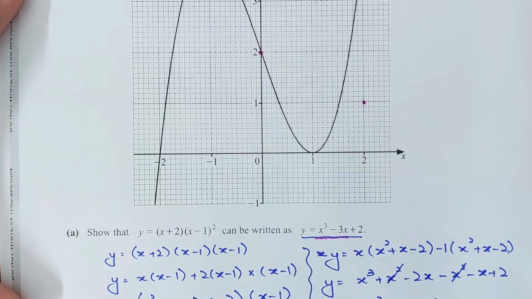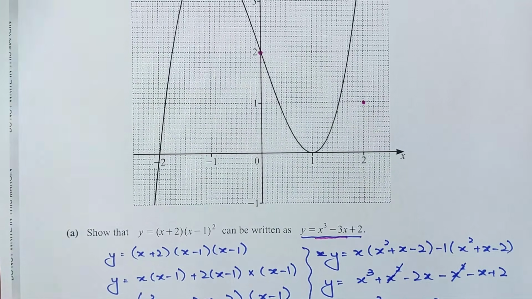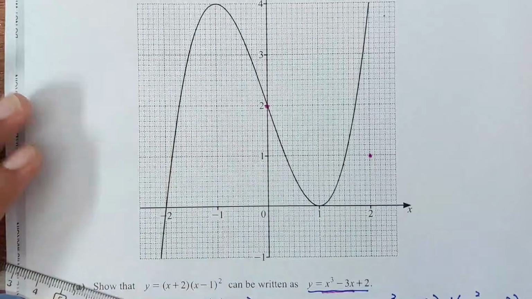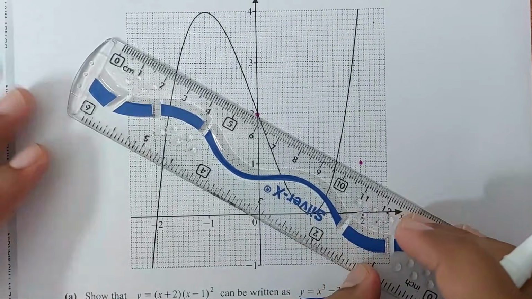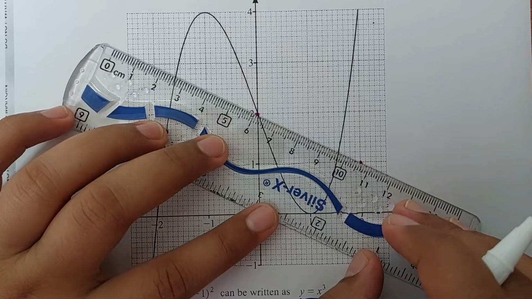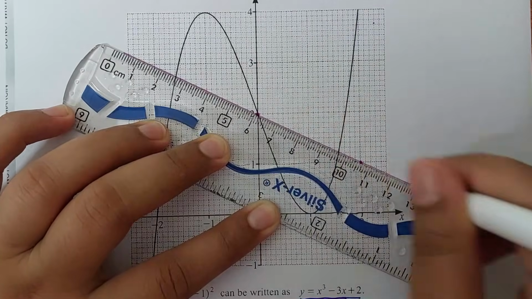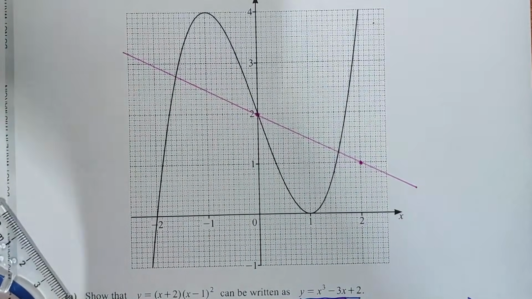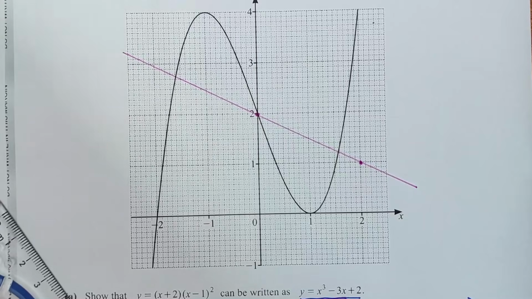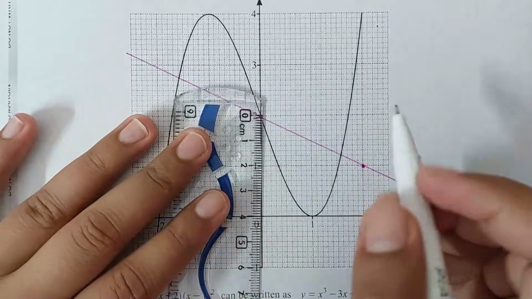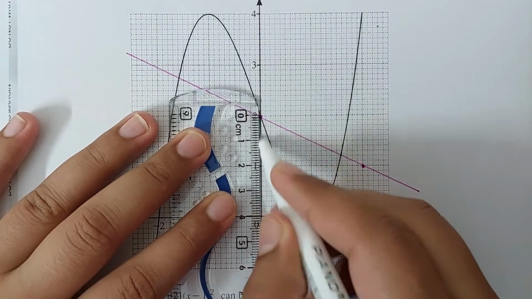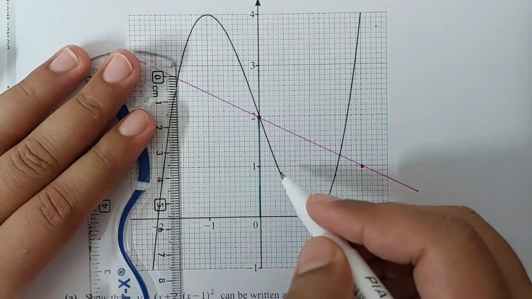Okay, let me draw the straight line and find out the values for x. That is the straight line. So the graph cuts the x-axis at what points? The first point is x equals 0.